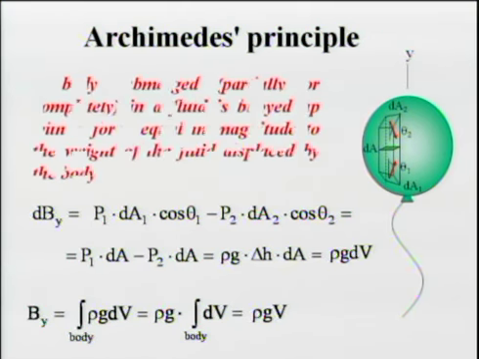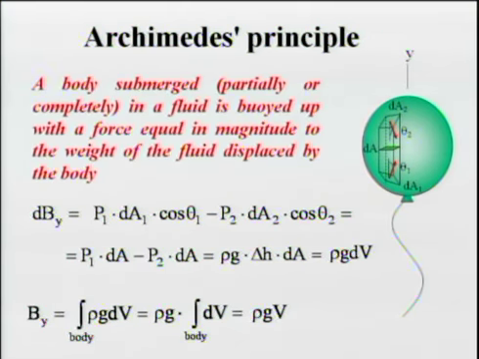Therefore, in conclusion, if an object is submerged in a fluid, it is subjected to an upward buoyant force. More precisely, it is a force in the direction opposite to the gradient of pressure, which is equal in magnitude to the weight of the displaced fluid.